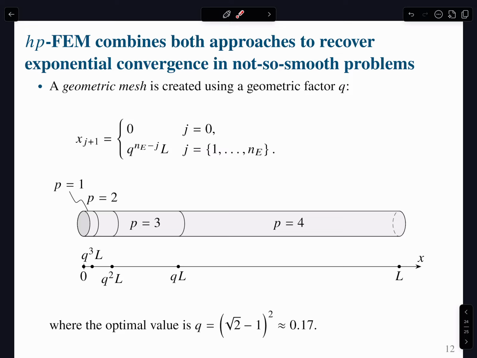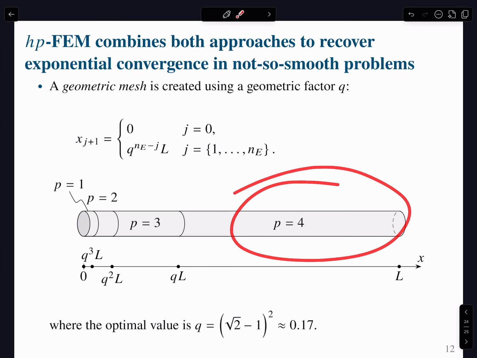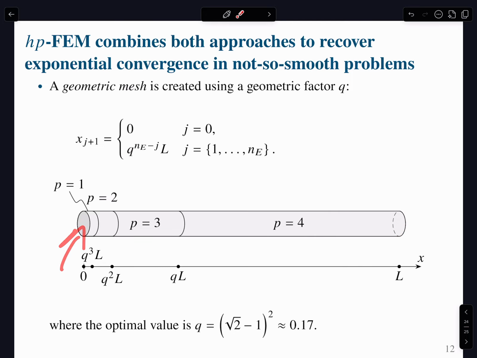So essentially, let's assume that you have a singularity at x equal to 0 as in the previous example. Far away from the singularity, where you know that your solution is actually smooth, your element size can be very large, and your polynomial order can be very high. But as you are approaching the singularity, you reduce the mesh size. You make your elements smaller and smaller, which makes sense because you need to capture that singularity better.